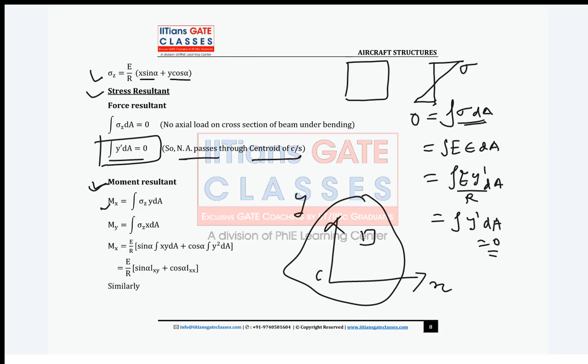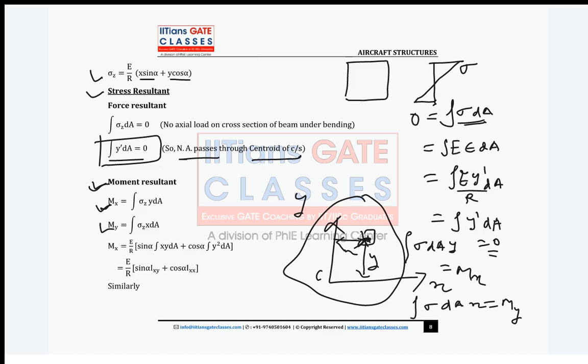Now if you find Mx, what will your moment arm be? This will be the moment arm, because this force is sigma dA. So sigma dA into this moment arm y, if you integrate this, you get Mx. Same way, sigma dA into this x, if you integrate, you get My. So you can see this Mx and My.